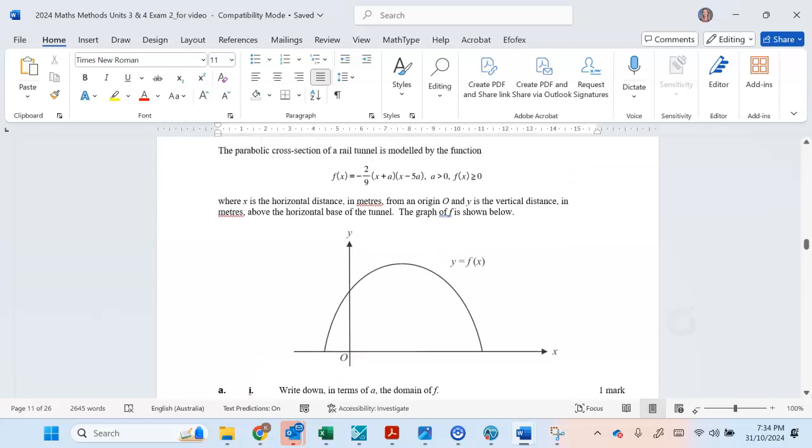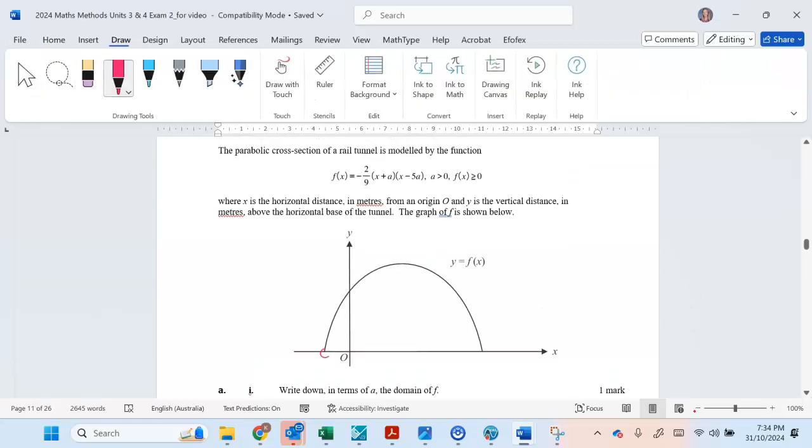So our domain is going from here to here, which are our x-intercepts. This one here is clearly negative a. Remember, we're just going to let these factors equal 0. This dilation factor does not affect your x-intercepts. And then this one is x minus 5a, so that's going to be 5a.